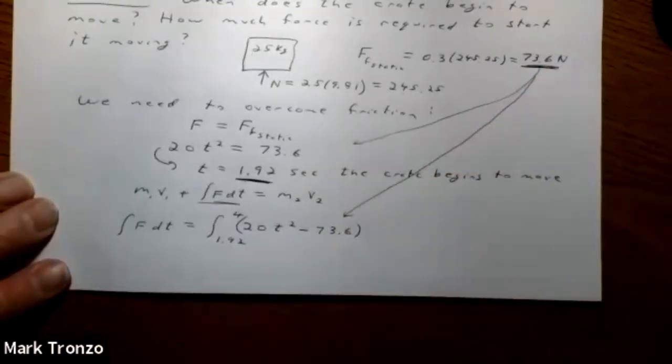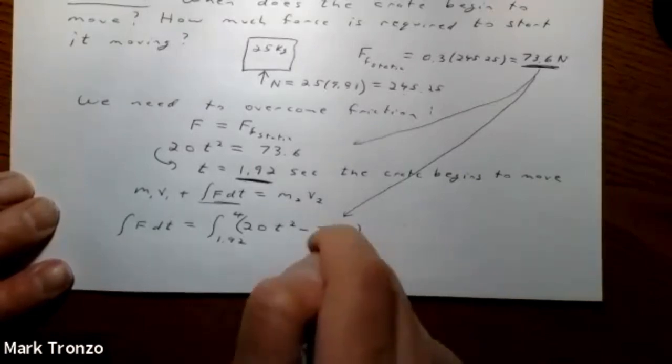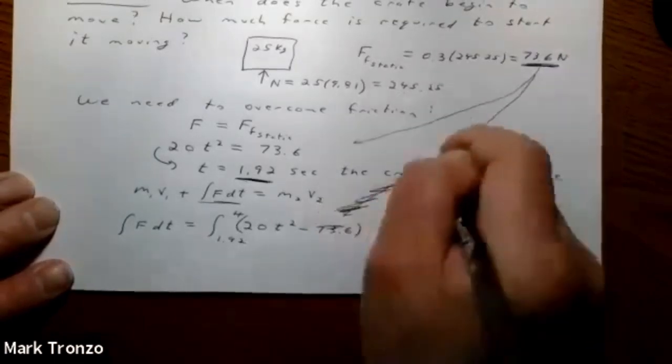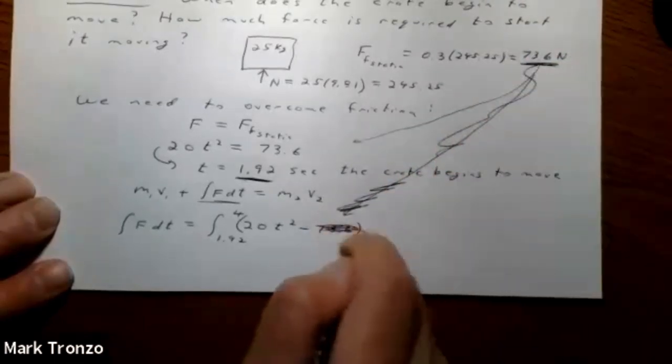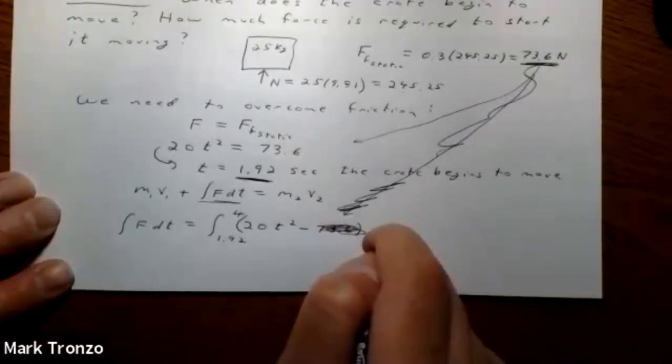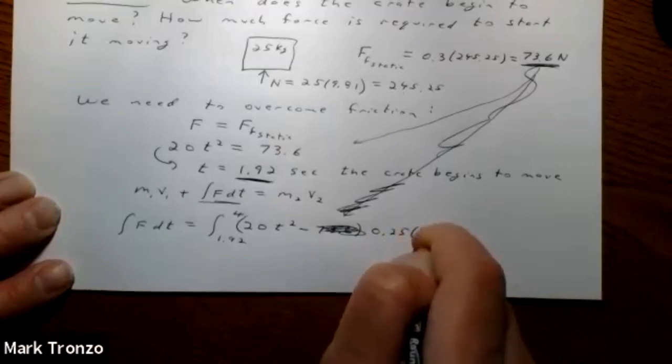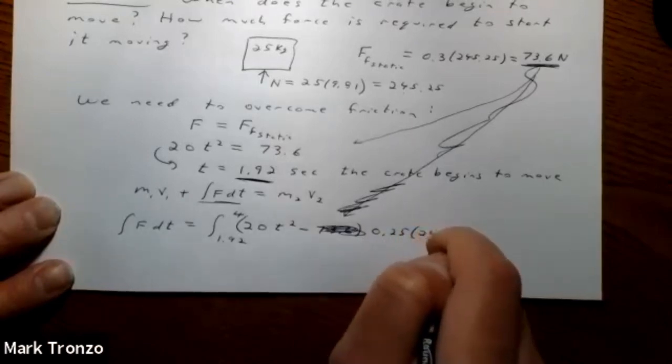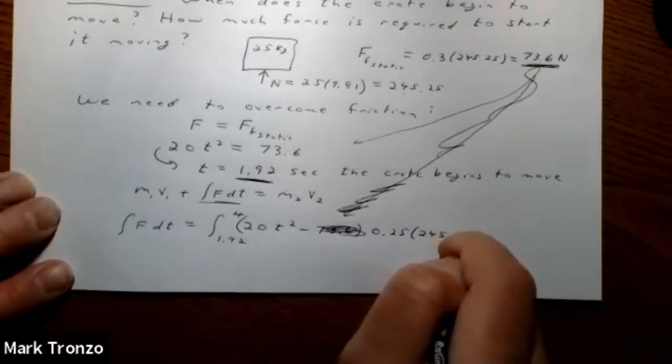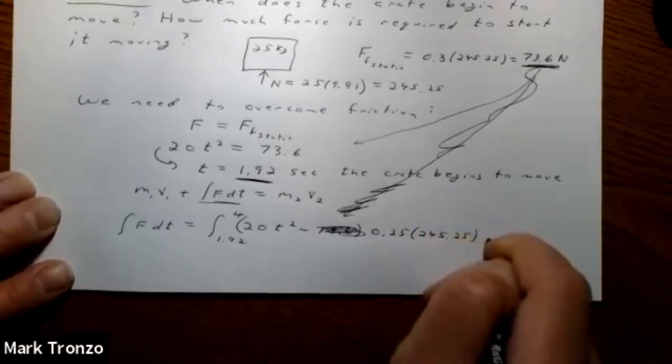You know what? I made a mistake here. Scratch that. We're going to have kinetic friction now. So that's going to be 0.25 times our 245.25 dt.